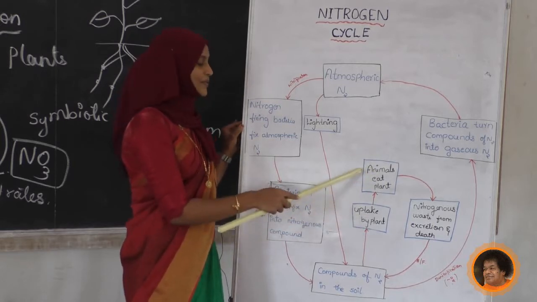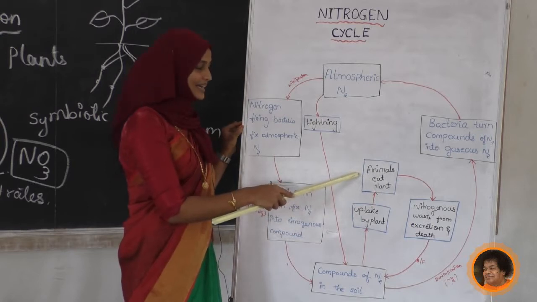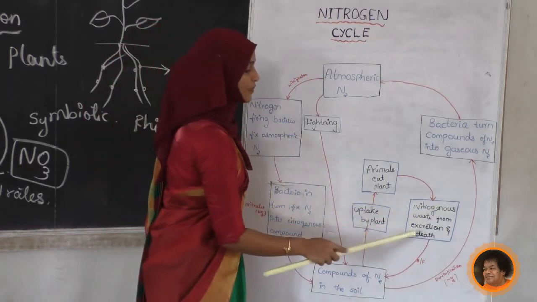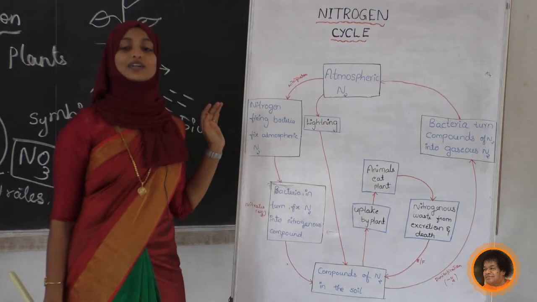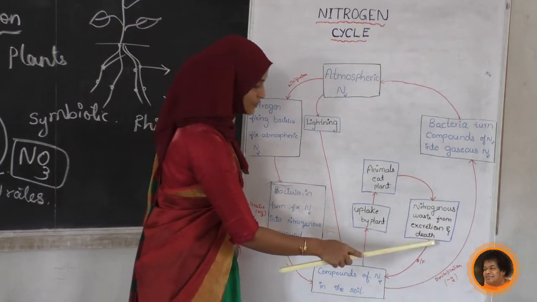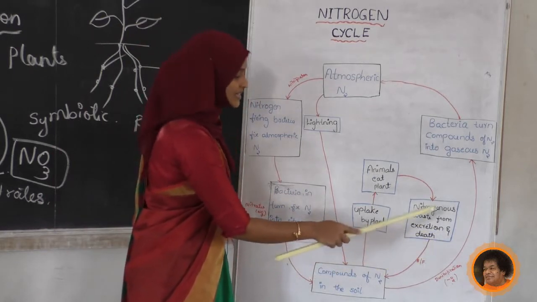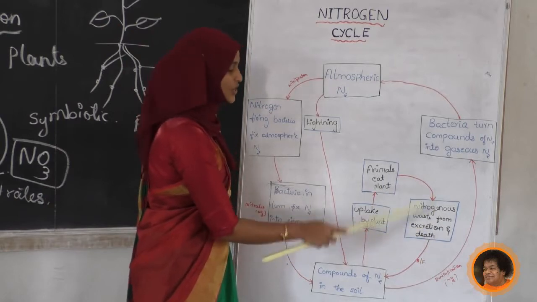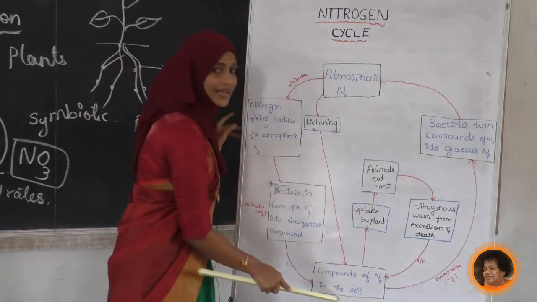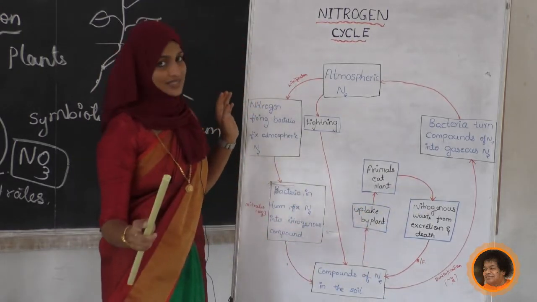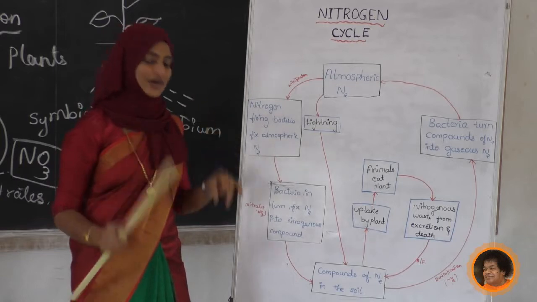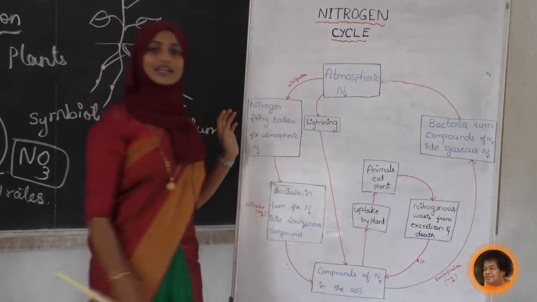After that, nitrogenous waste from excretion and the dead parts of both animals and plants reaches the soil once again, because bacteria and fungus decay them. Because of the presence of that bacteria and fungus, the nitrogen reaches the soil once again.